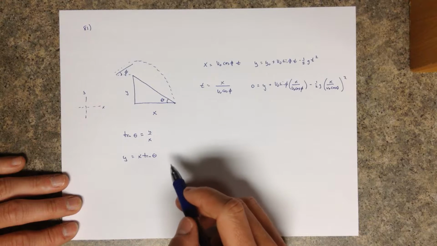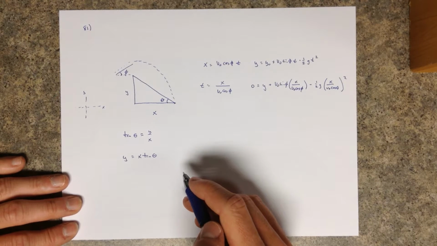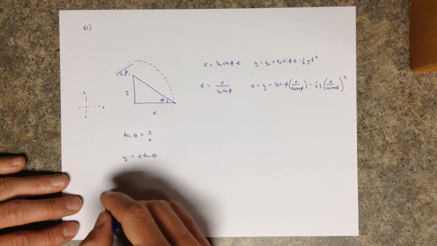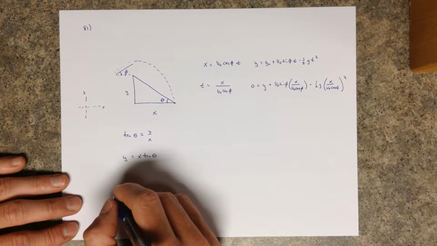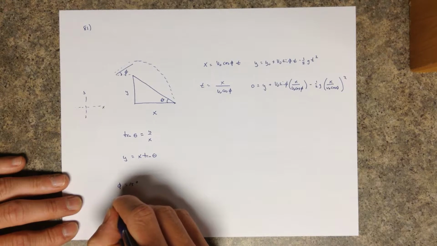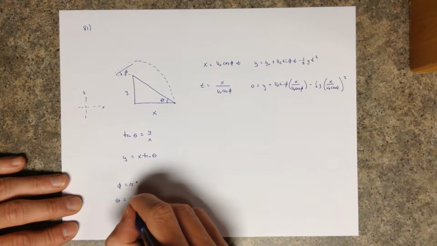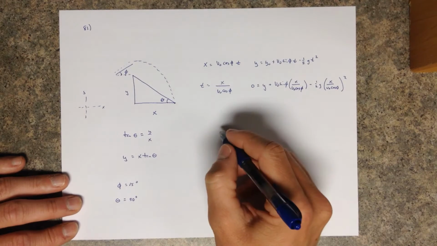The only thing you don't know is the distance. Okay, because you know the ramp angle. So phi is 50 degrees. Nope, excuse me. Phi is 15, and the angle you land with is 50 degrees.